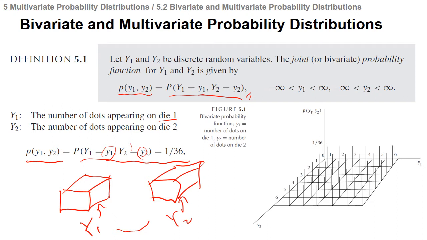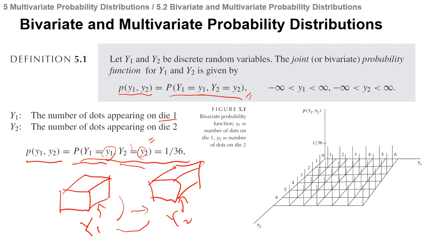When we are flipping the dice, the result of y1 does not change the result of y2. So those two events are independent. So when the events are independent, this is the probability of this thing times the probability of that thing, which is 1 over 6 times 1 over 6, which is 1 over 36.